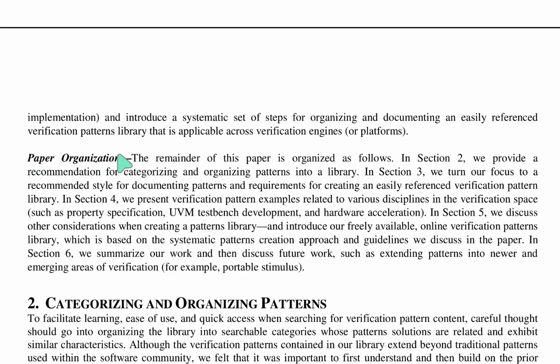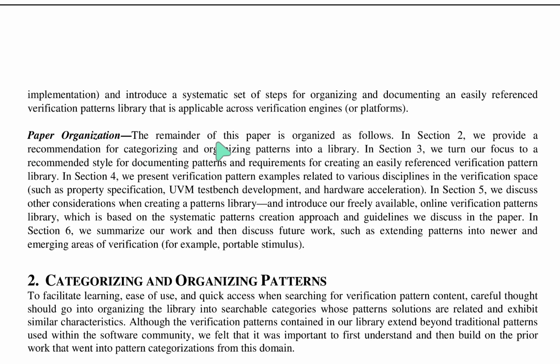Paper organization. The remainder of this paper is organized as follows. In section 2, we provide a recommendation for categorizing and organizing patterns into a library. In section 3, we turn our focus to a recommended style for documenting patterns and requirements for creating an easily referenced verification pattern library.